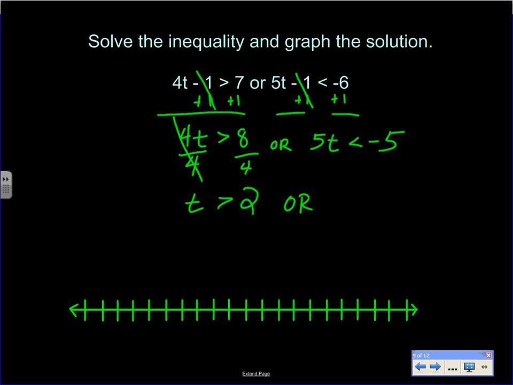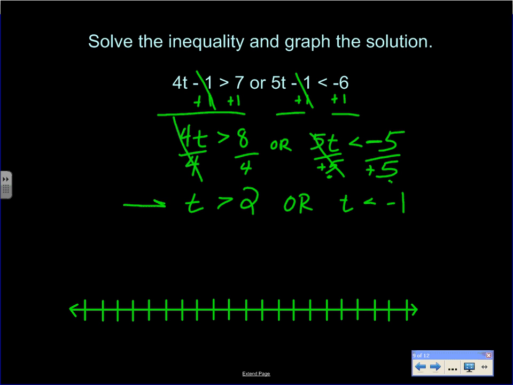Or divide by 5, divide by 5. t is less than, what's -5 divided by 5? -1. Did you notice your ringer didn't go off on this one? Because we divided both sides by a +5. I know the 5 on top was negative, but it's what you divide both sides by, and we divided both sides by a +5.